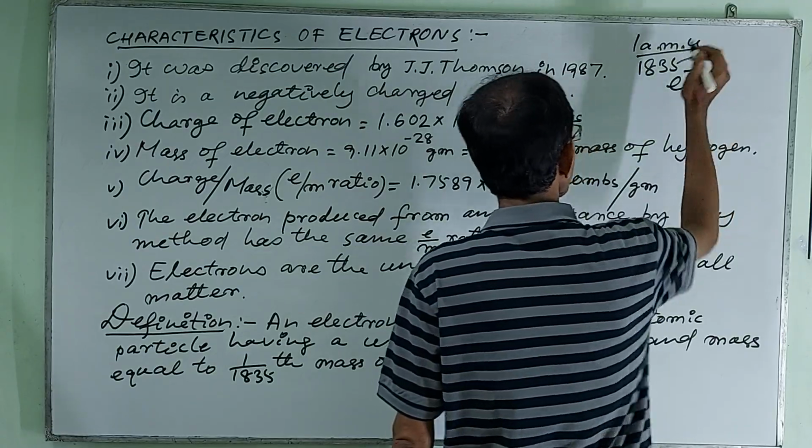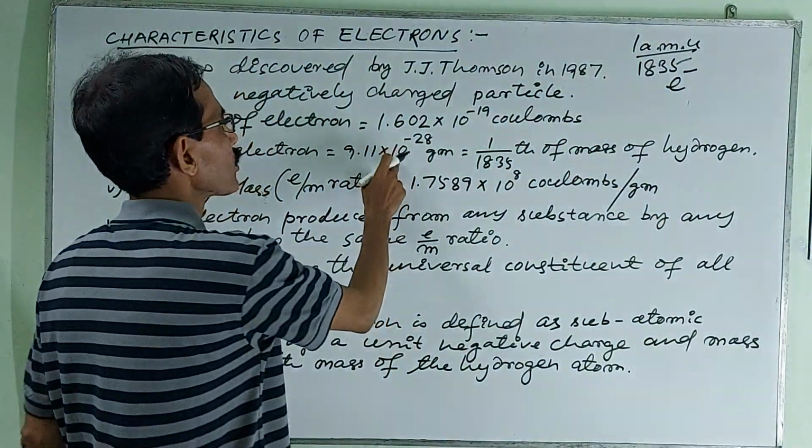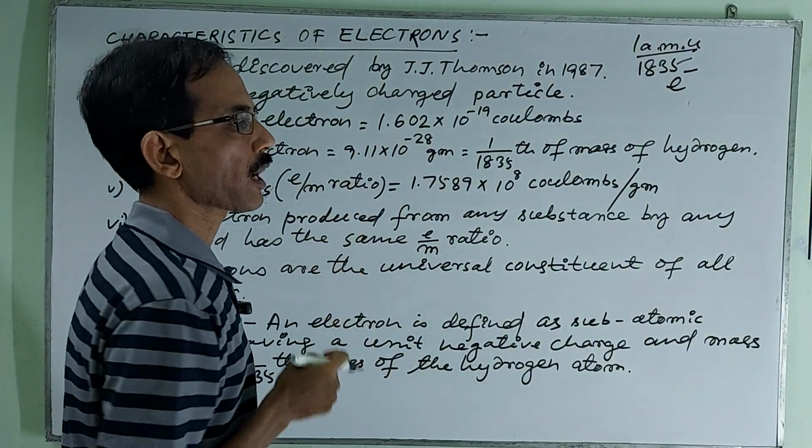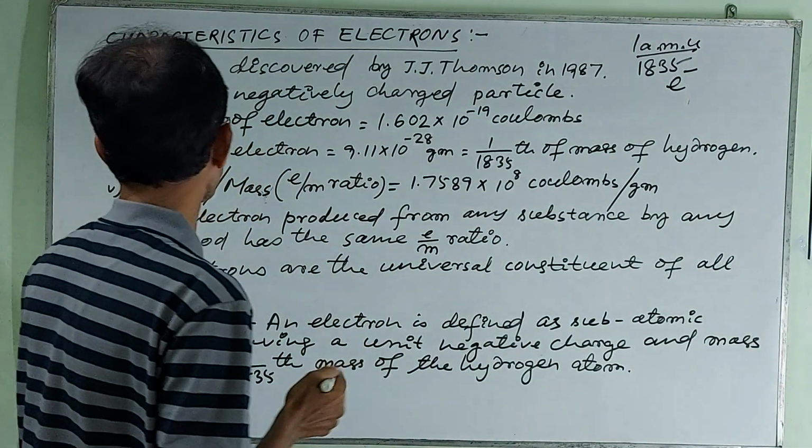Then you will get the mass of electron in terms of AMU. This is in terms of gram. So how an electron possesses negligible mass, you can easily imagine.